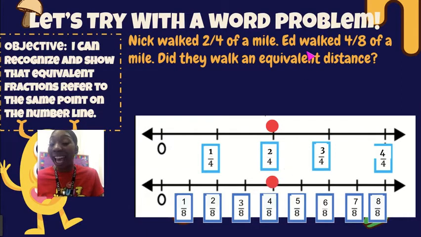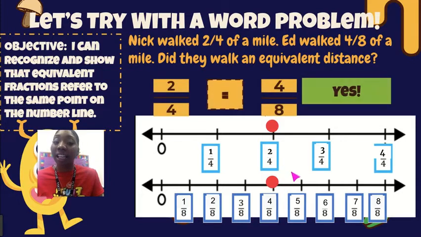Now I know that Ed walked 4/8 of a mile, so I'm going to put a circle at 4/8. So now I have to think, is 2/4 equivalent to 4/8? Well, yes, because if I look at my number line, the two points are on the same point of a number line, right? They are lined up, which shows that they are equal.